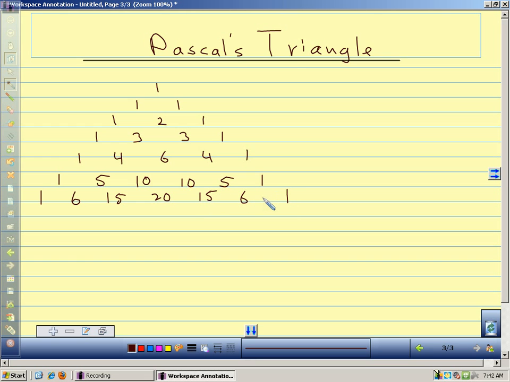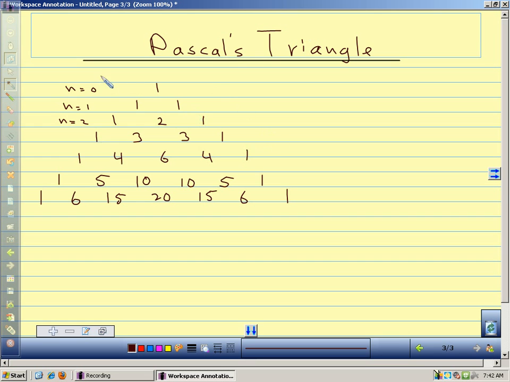All right, so these are the first several rows, and usually we call this the 0 row. So we're just going to give these rows numbers. These are the binomial coefficients. So if you expand x plus a squared, x plus a to the third, these are the coefficients.